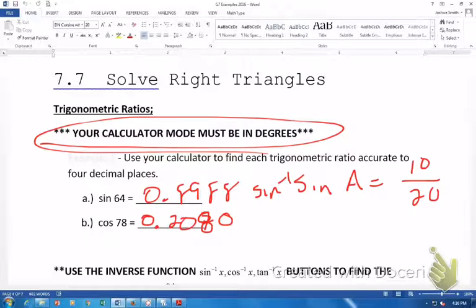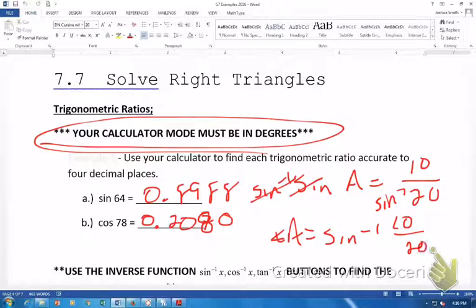Okay? So if I take the inverse of a function, for lack of a better term, they cancel each other out. But if I inverse sine the left side of this equation, I have to inverse sine the right side of this equation. So I'd be left with angle A is equal to the inverse sine of 10 over 20. Now, we know that 10 over 20 is simply a decimal. It's 0.5. That's what we would type into our inverse sine.